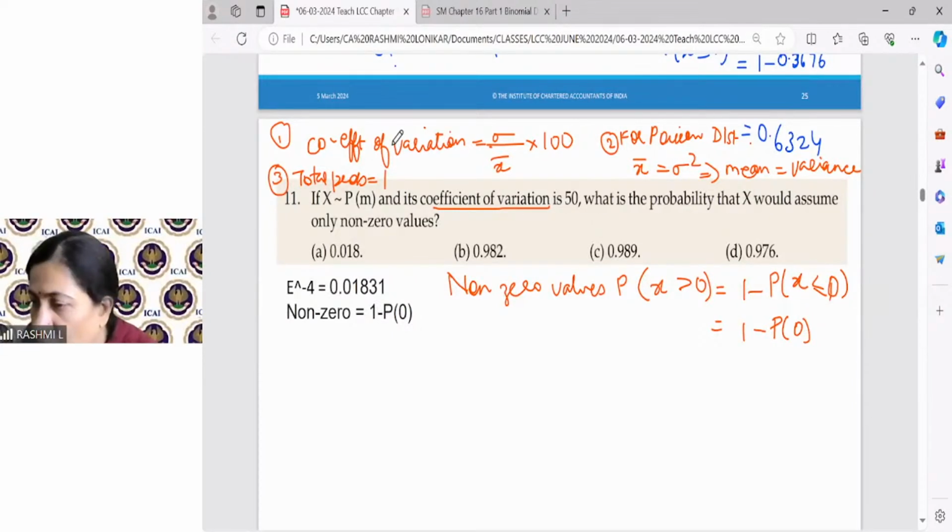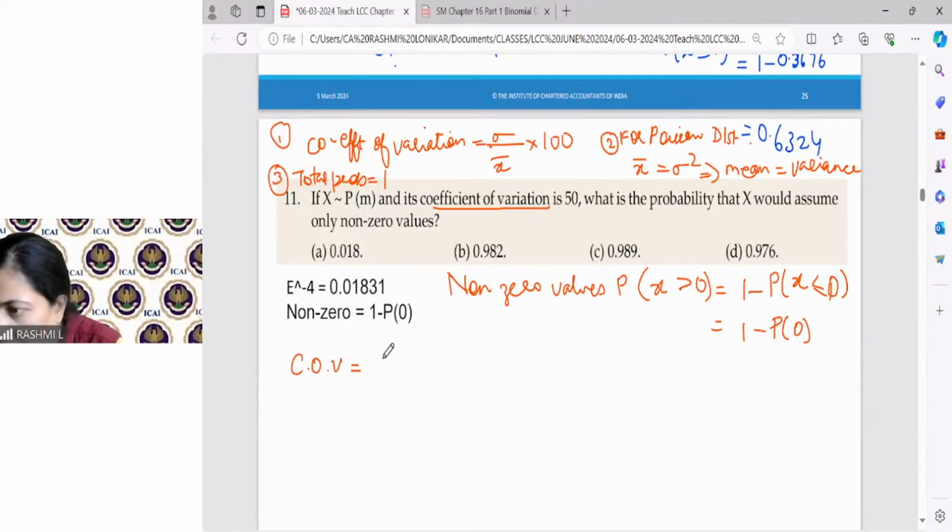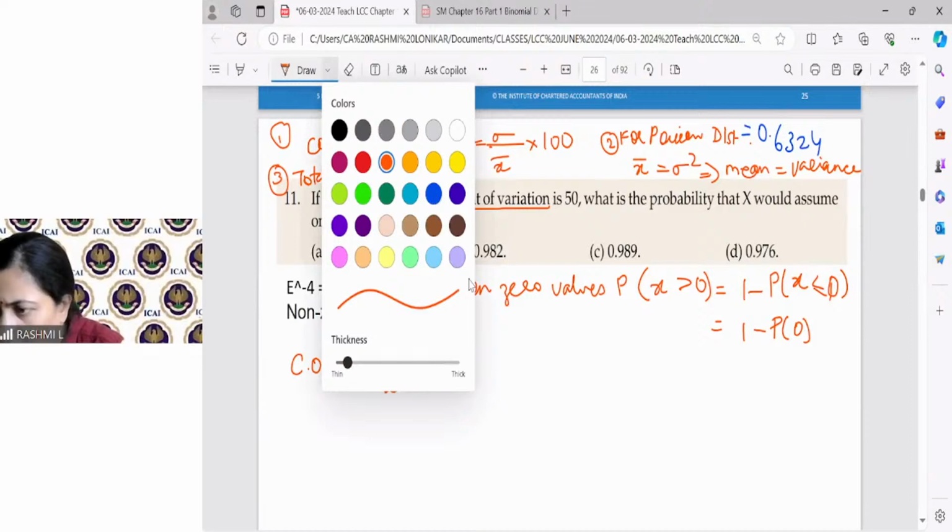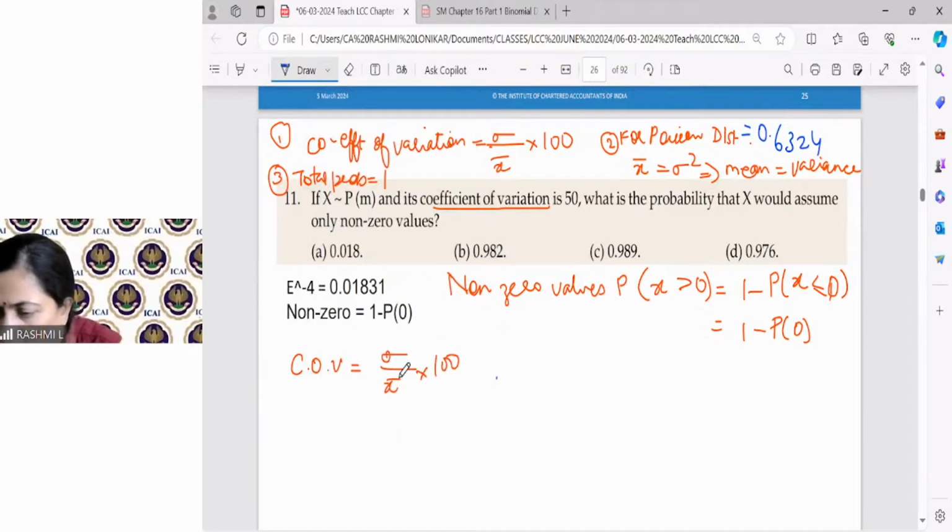Okay. Now, using this in the coefficient of variation formula. So C of V is sigma upon x bar into 100. For x bar, let me put sigma square.